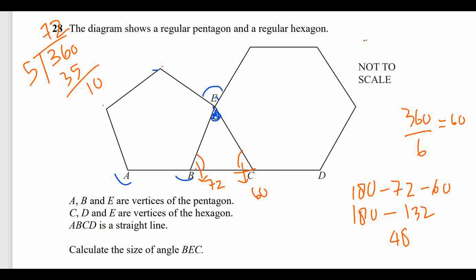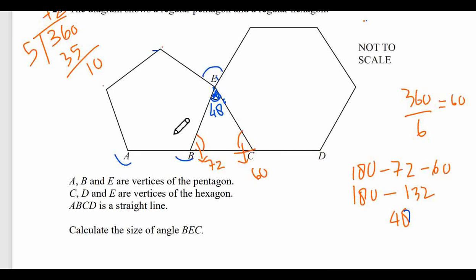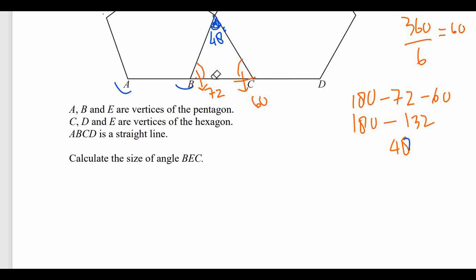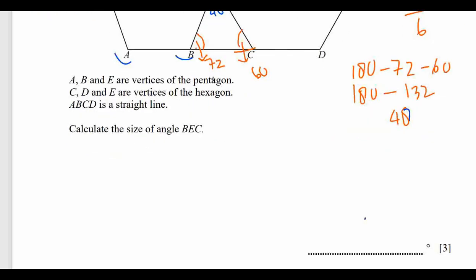So this angle is 48. So that will be our answer, 48. If you don't understand what an exterior angle is and how we get this, please write in the comment section. We'll reply to you with another video. So angle BEC is 48.